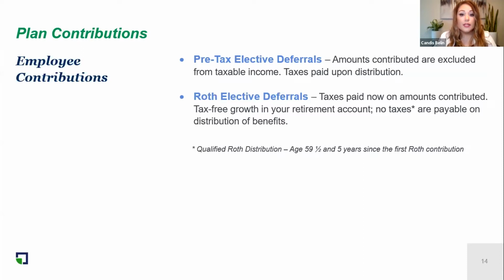So when it's deposited into your account, the record keeper separates the principal, the basis that you put in, and then the earnings. And then once you reach 59.5 and you've had 5 years since your first Roth contribution, at that point your Roth distribution becomes a qualified distribution and no taxes are payable on those distribution benefits.